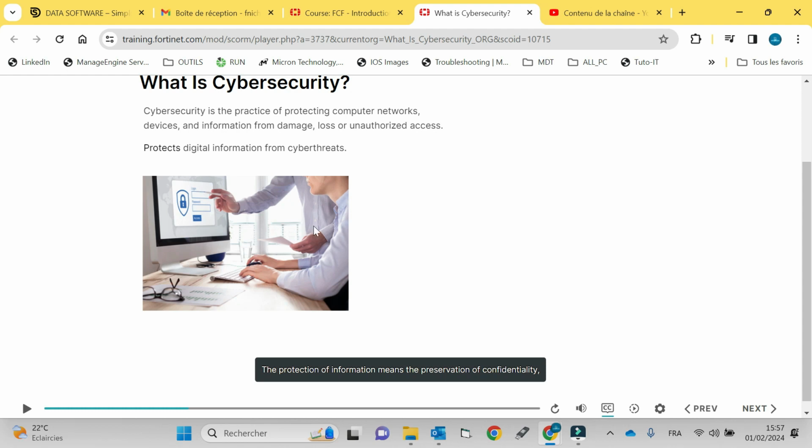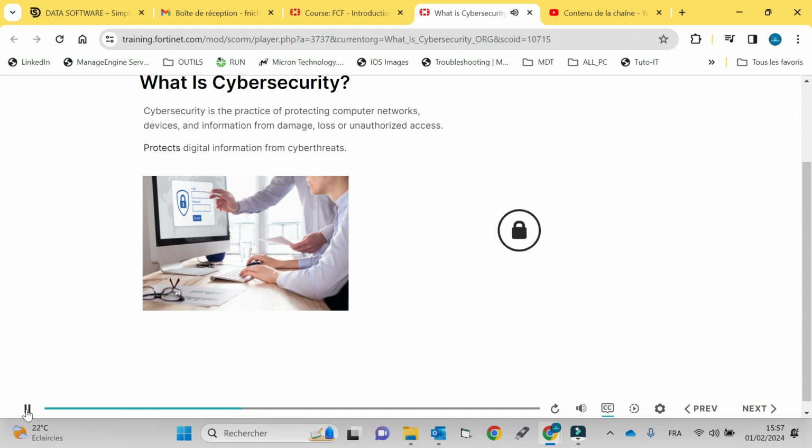It protects digital information from cyber threats, like what we see in the picture, from hackers, from bad persons who want to steal our information. It means the preservation of confidentiality, integrity, and availability of information in cyberspace.